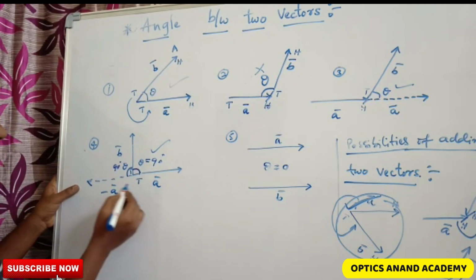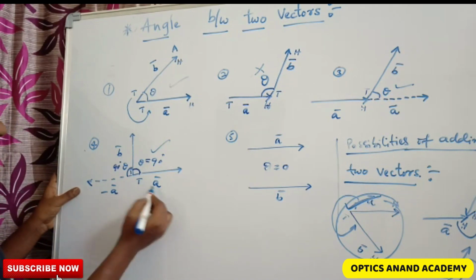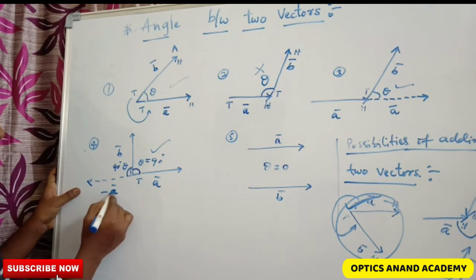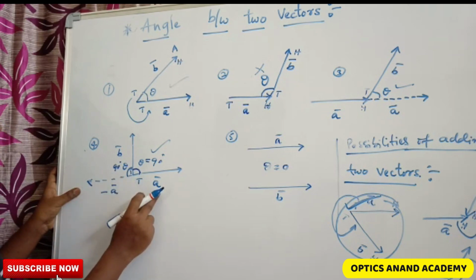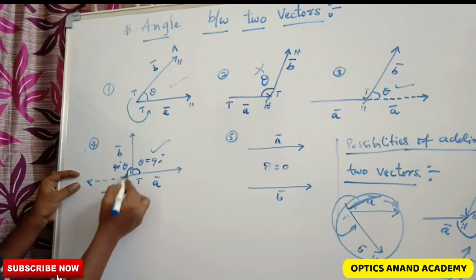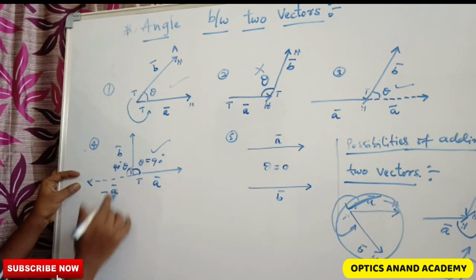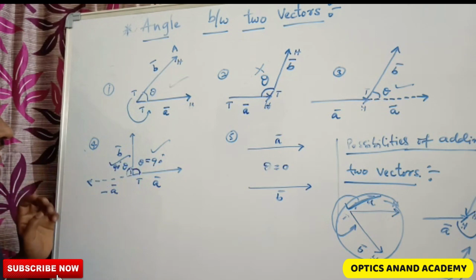And when I want to draw the negative vector of the A bar vector, minus A bar is nothing but the negative vector of the A bar vector. Yes, the angle is made between the negative vector of A bar and the B bar vector. This is also right.